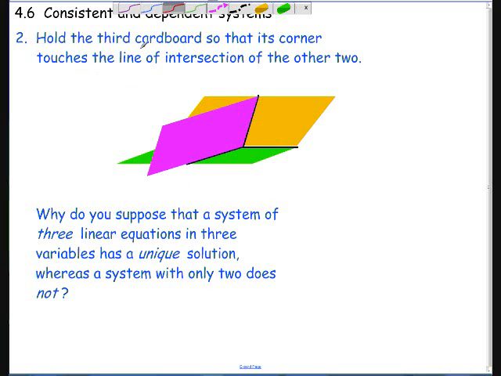Now take the third index card. Hold it so that its corner touches the line of intersection of the other two.